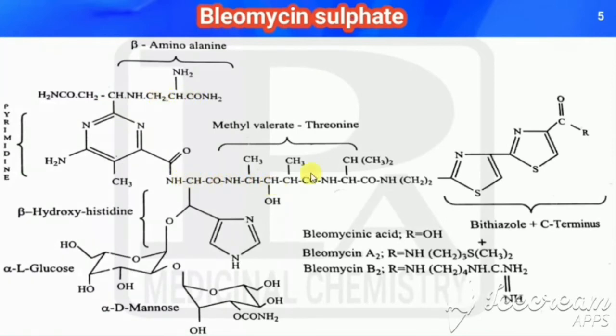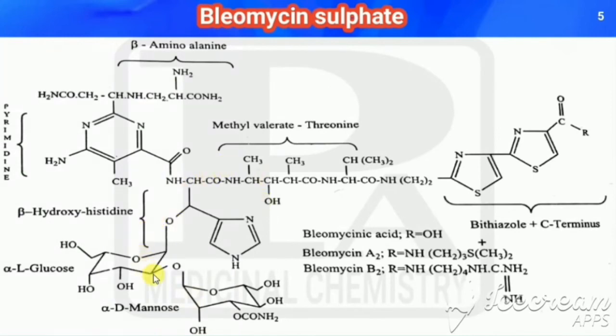Methyl valerate is attached, and that is attached with the threonine, and that is with 2 thiazoles. 2 thiazoles would be attached, and here with this carbon, what is attached? One more carbon, and with the carbon imidazole, and here that would be a glycosidic linkage, and that is having two sugars, one is alpha L gulose, another one is alpha D mannose.